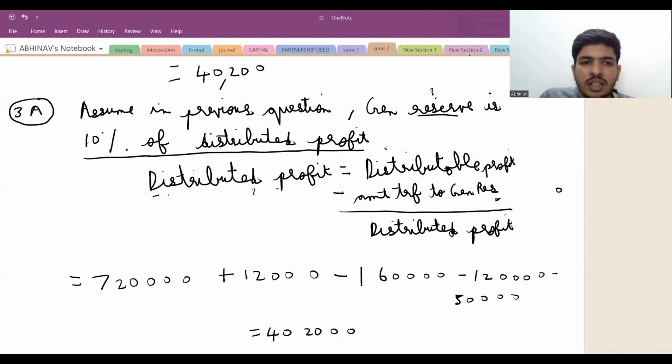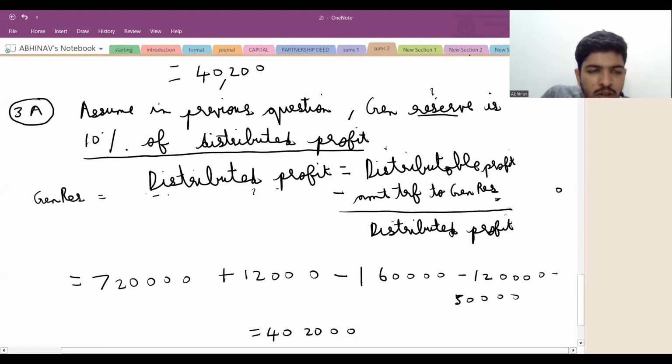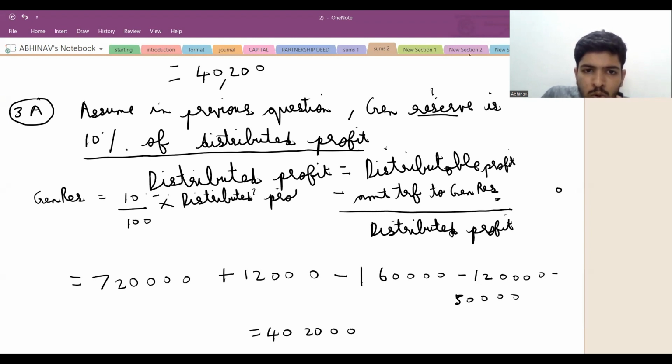How do you do it? See, here they are telling general reserve is 10 by 100 of distributed profit. Correct? So that means general reserve is rupees 10, distributed profit is 100.